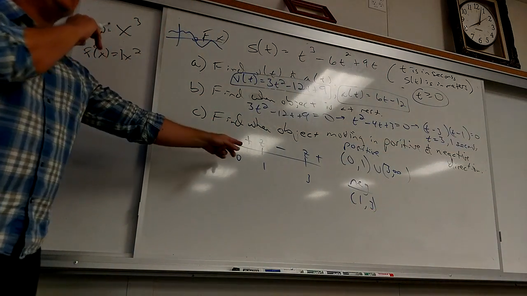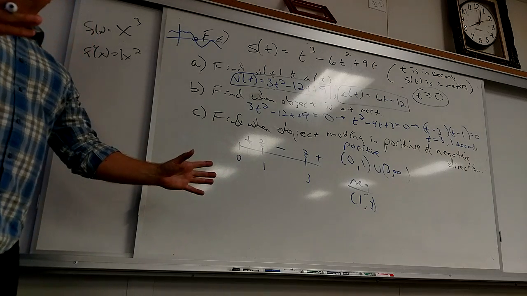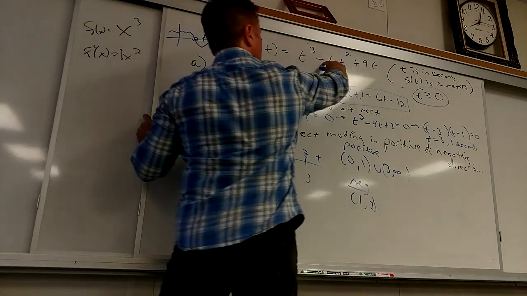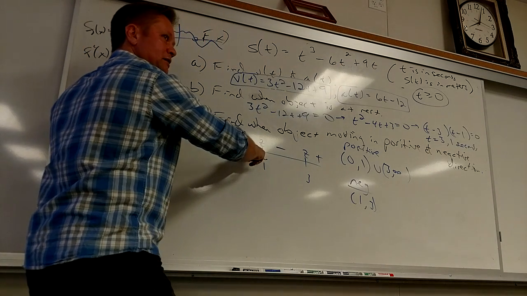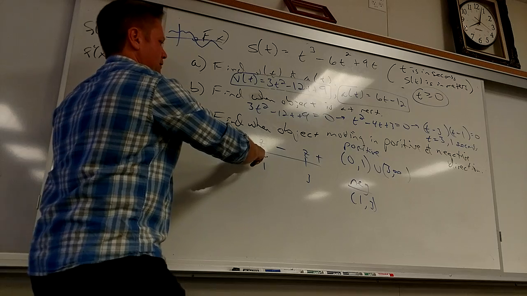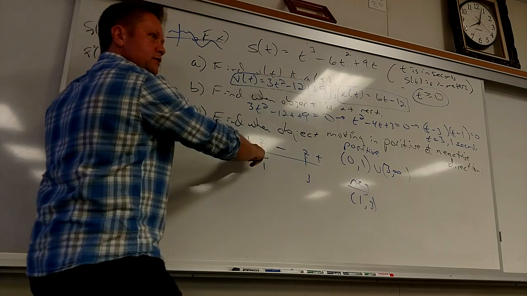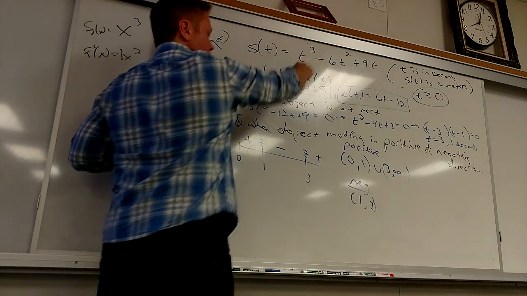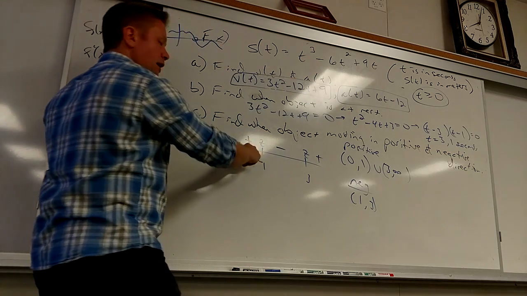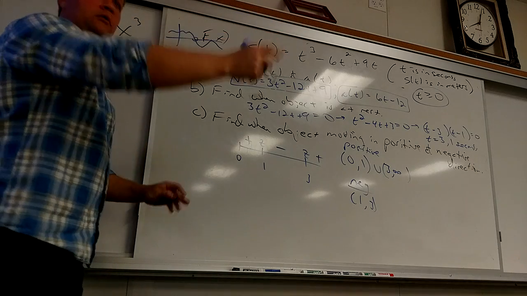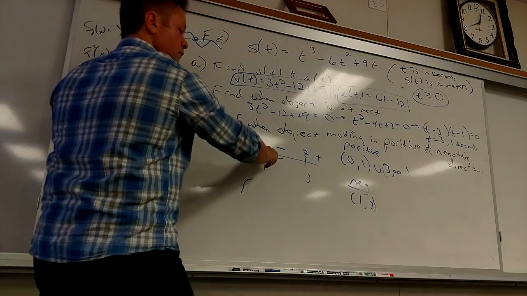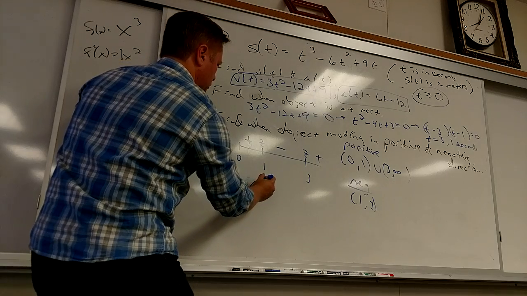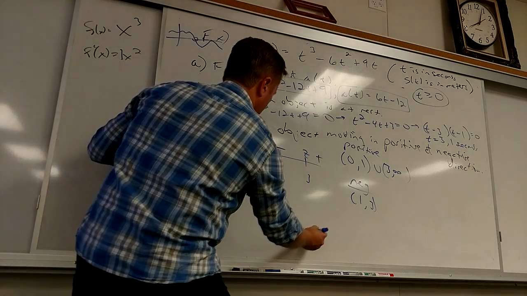I already know what this thing should look like. If I graph this thing, it should have a positive what? What function am I looking at to make this? The velocity, which is the slope of this. So this has a positive slope, then it has a 0 slope, then it has a negative slope, then it has a 0 slope, and then it has a positive slope.